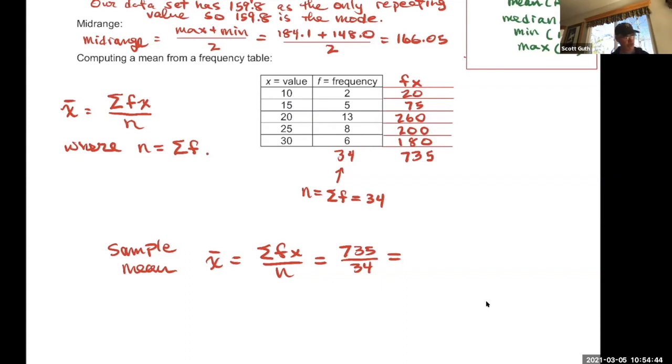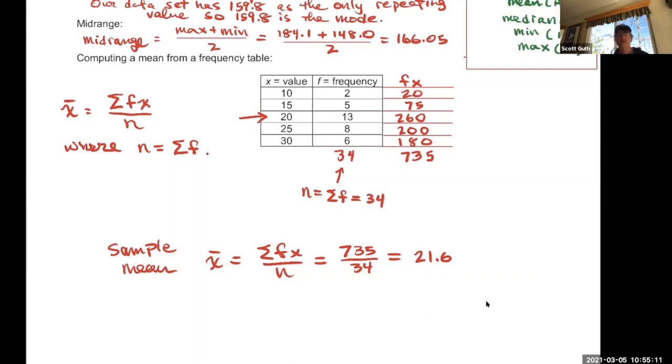Anybody with one place after the decimal? Is it 21.6? So the mean is 21.6, and that makes sense. It's kind of right in the middle of this list of numbers. The middle class goes from 20 to 24, and the mean is right there in the center of 21.6, right around 22.